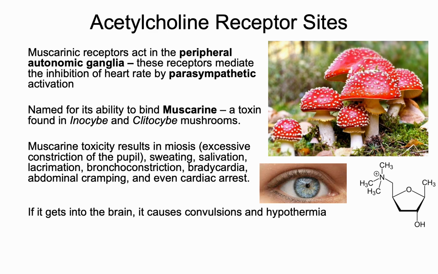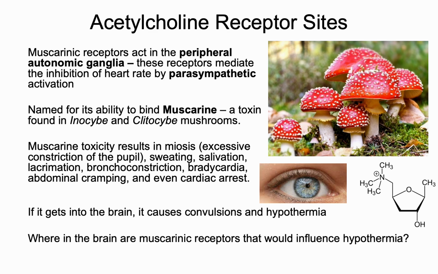If it gets into the brain, it can cause convulsions and hypothermia, which is sort of a strange symptom. The toxin from these poisonous mushrooms can actually lower your body temperature.